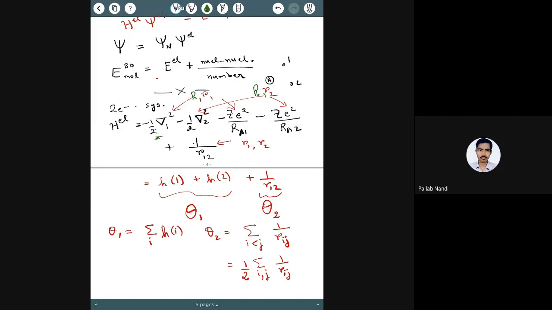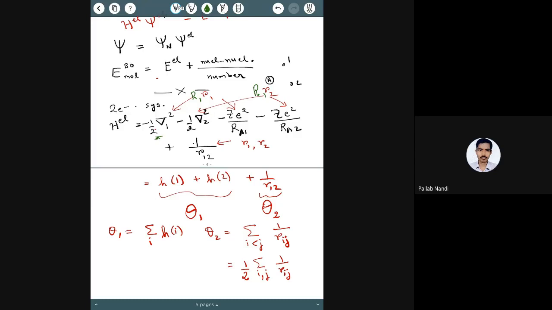This is under the Born-Oppenheimer approximation. In general, it does depend on capital R, but since here I have written just one nucleus, there is no capital R in this particular case.